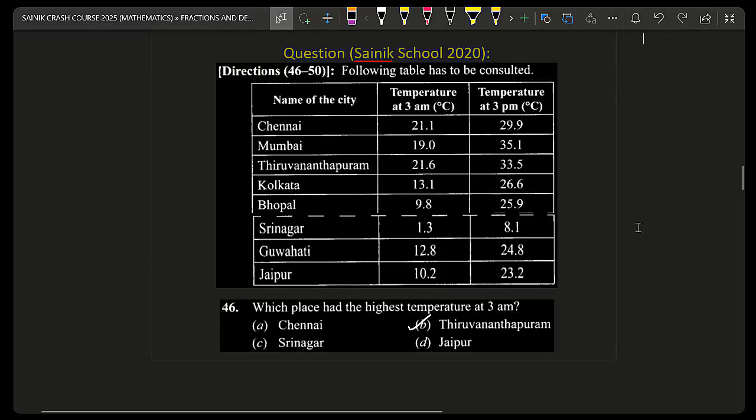Okay, I'm moving to the next question. I hope everybody copied the table and the question. Is it done? Yes, next question.